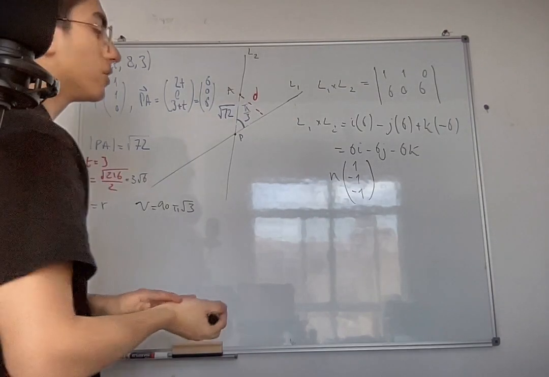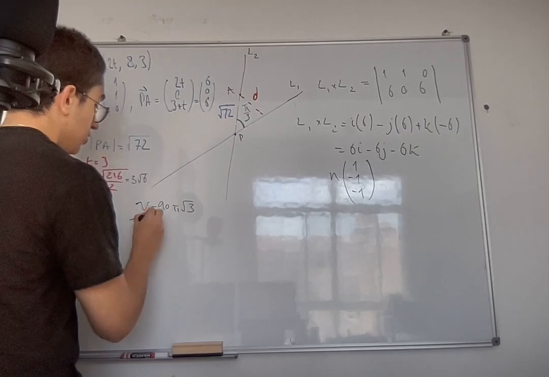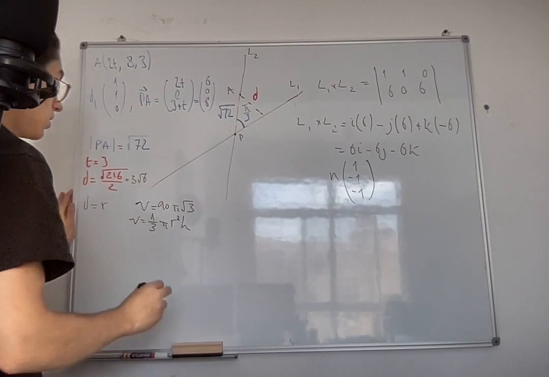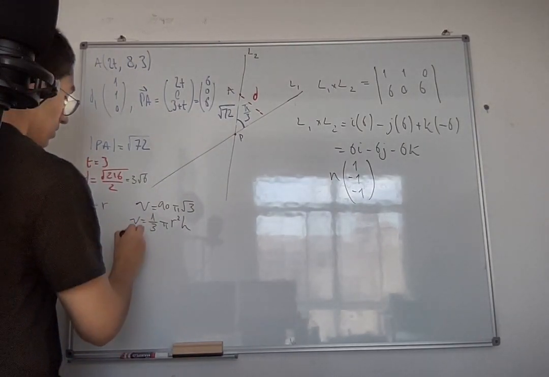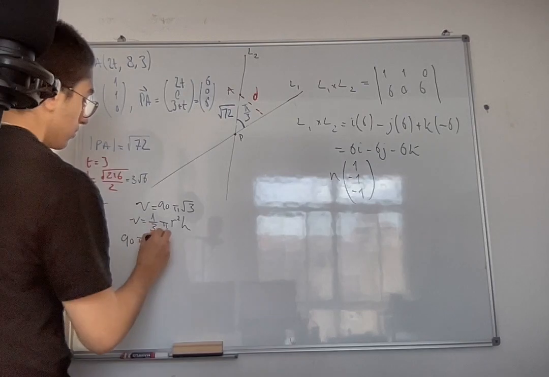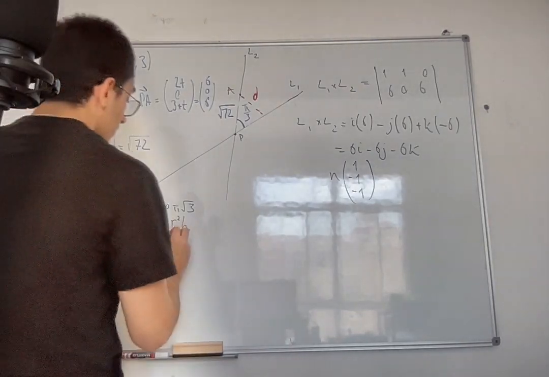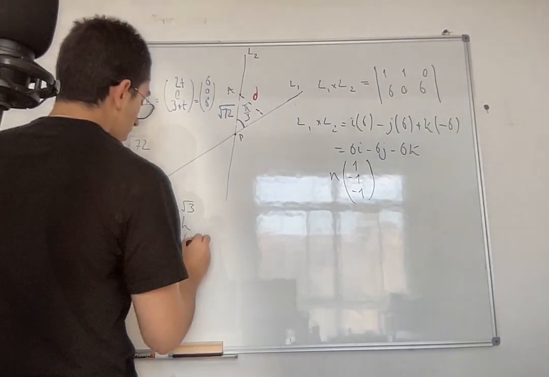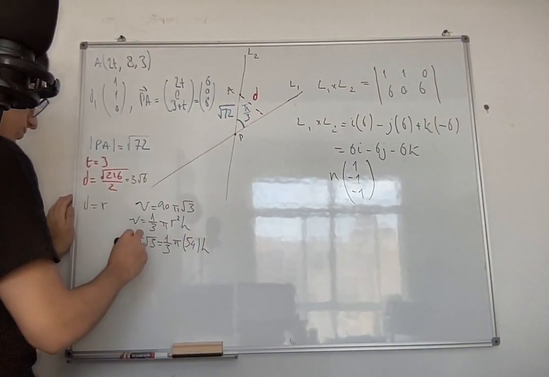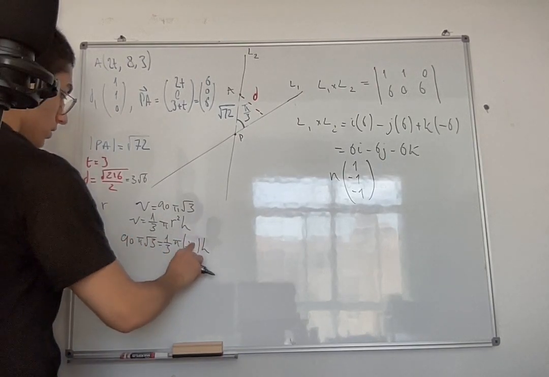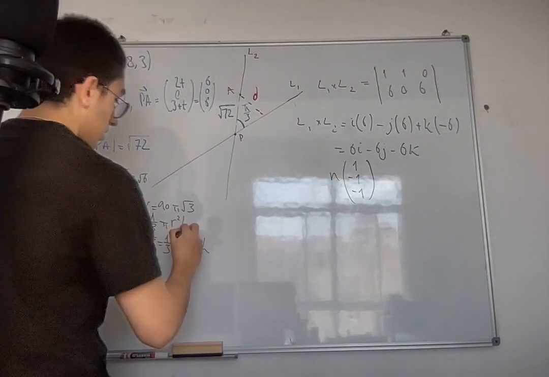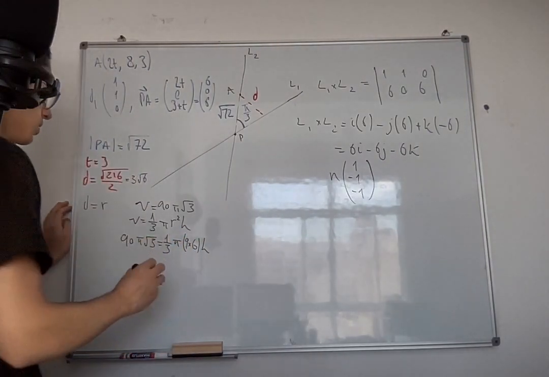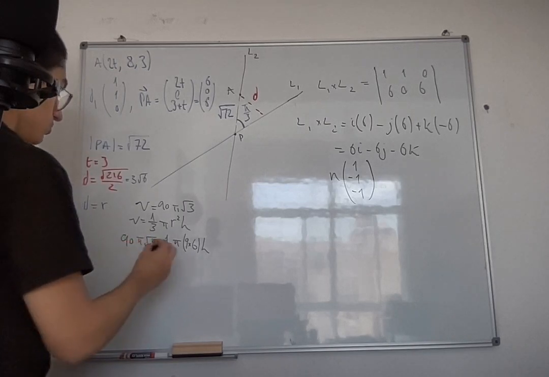Right, so the volume of the cone is given by the equation 1 over 3 pi r squared h. So let's find the height: 90 pi radical 3 equals 1 over 3 pi of 9 times 6, which is 54, times h. Let's write this as 9 times 6 for the sake of it.